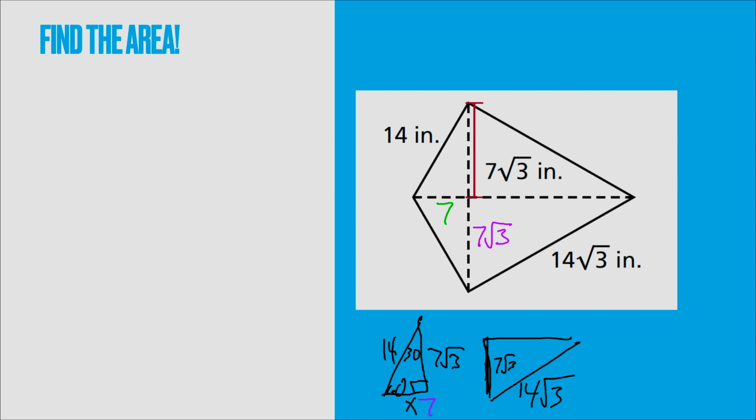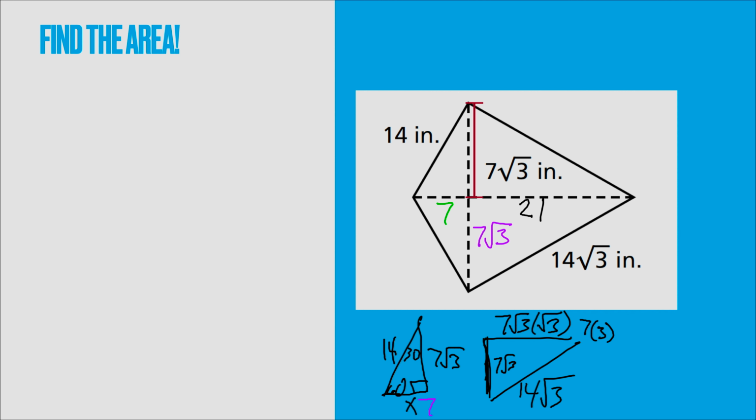This number is half of the hypotenuse, which means this is going to be 7 square roots of 3 times the square root of 3, or 7 times 3, that's right, 21.